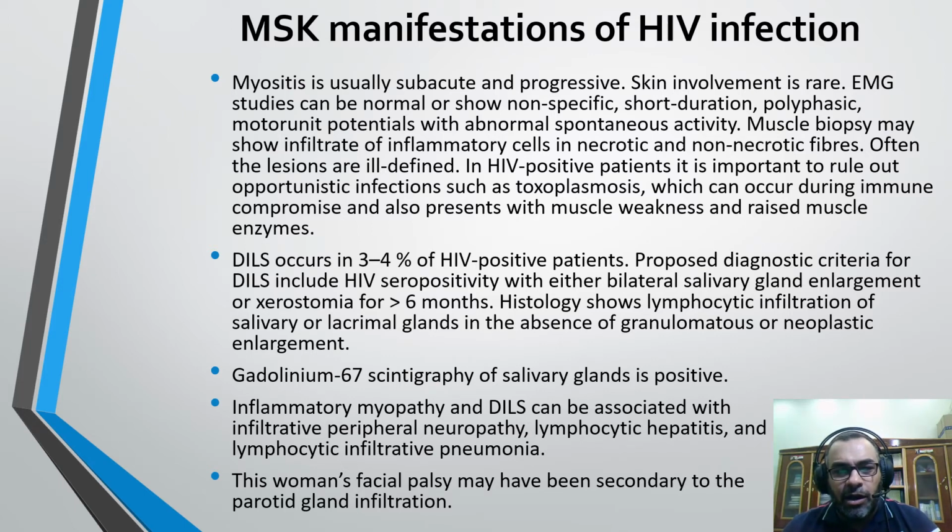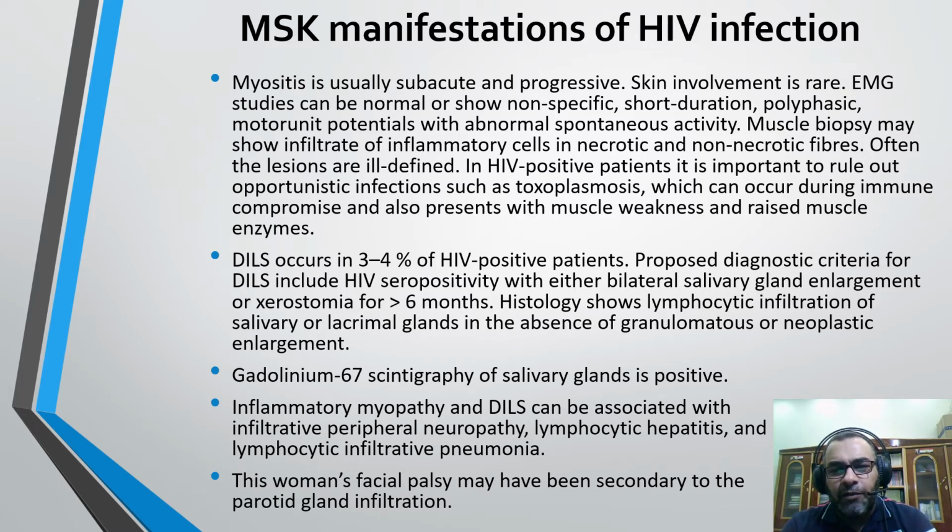DILS occurs in 3 to 4% of HIV-positive patients. Proposed diagnostic criteria for DILS include HIV seropositivity with either bilateral salivary gland enlargement or xerostomia for more than 6 months.